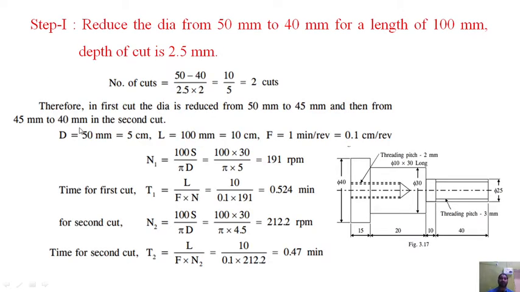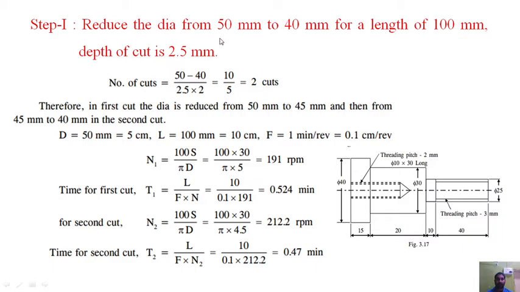In the first step, the turning operation, you have to reduce the diameter from 50 to 40 for a length of 100. The workpiece length is given as 100.